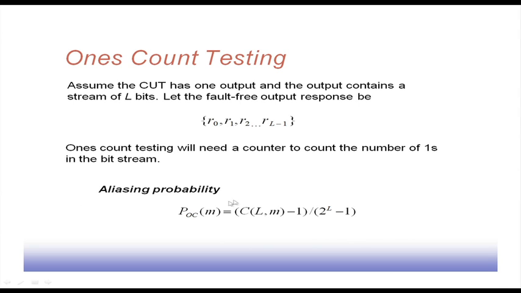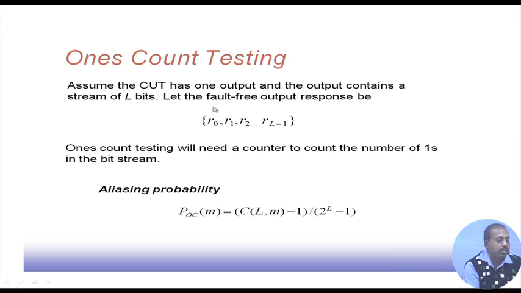So, to start with, say ones count testing. We assume that the circuit has only one output, and the output contains a stream of L bits. The fault free output response is R0, R1 up to RL minus 1, since we are applying, say, L test patterns and there is only one output.